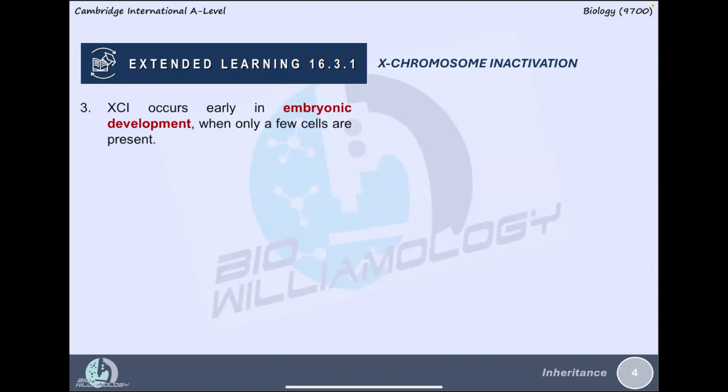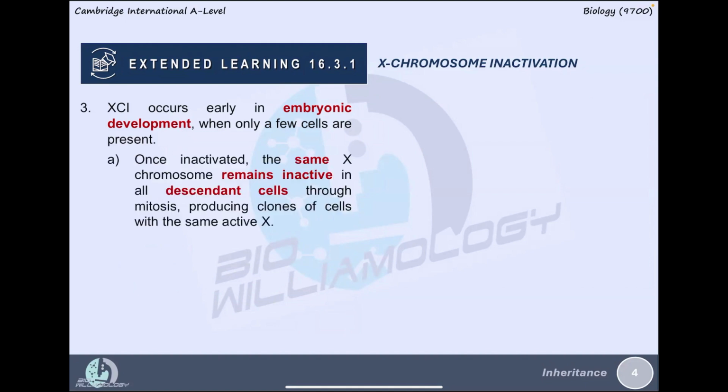X chromosome inactivation occurs early in embryonic development when only a few cells are present. Once inactivated, the same X chromosome remains inactive in all descendant cells through mitosis, producing clones of cells with the same active X chromosome. So if this X chromosome carries the orange color allele, the descendants of the cells will express orange color, giving us a whole patch of cells that produce orange pigment.